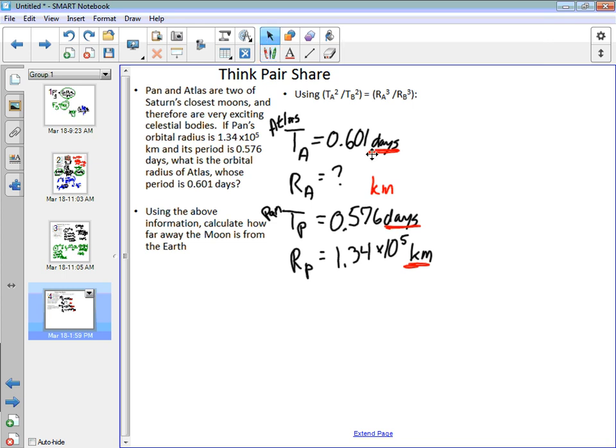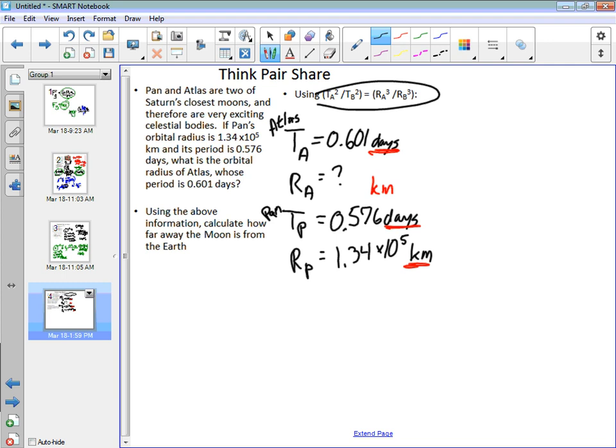So let's go ahead and write up the equation. This equation here is the same as from the previous slide. So I have T_A squared divided by T_P squared, for Pan, equals R_A cubed divided by R_P cubed. Now, what is it that I'm looking for? If you recall, we're looking for the orbital radius of Atlas. So let's solve for this one. Easy enough to do.